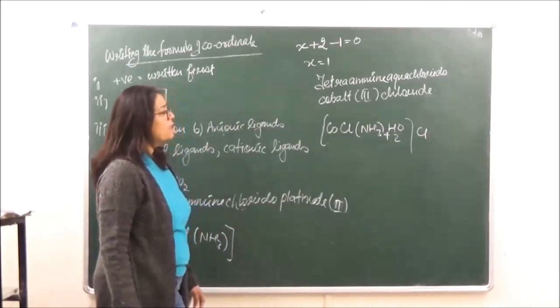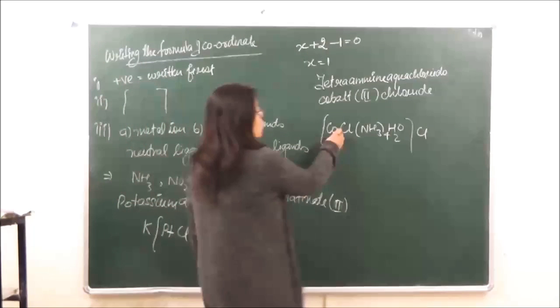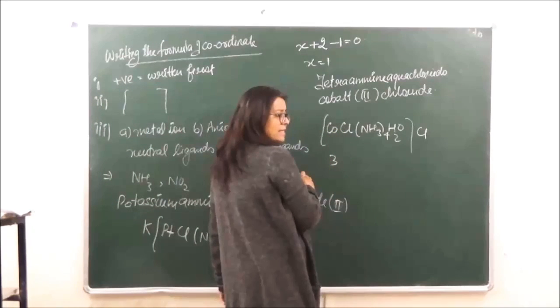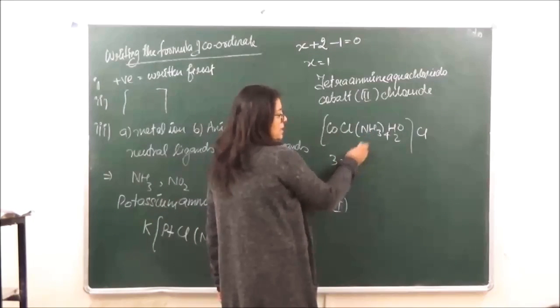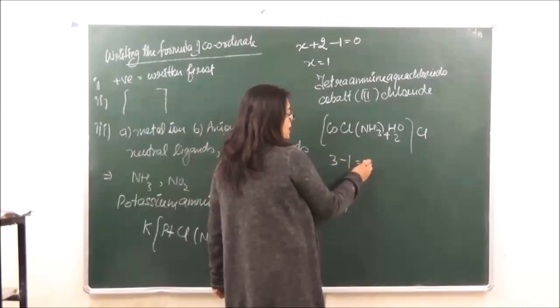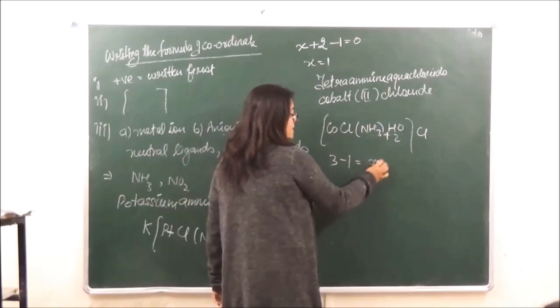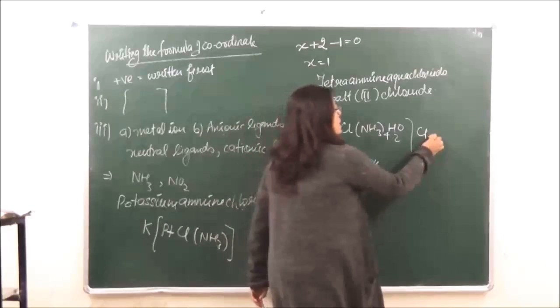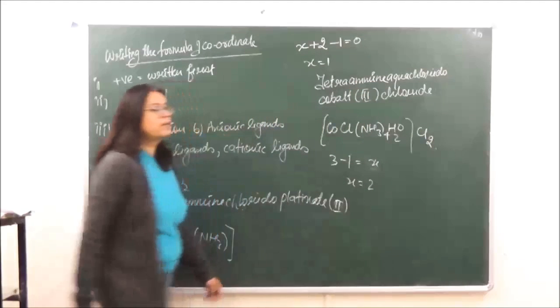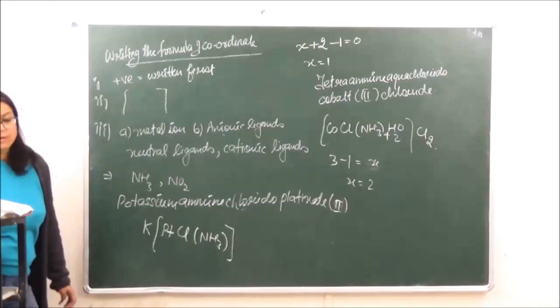Again we'll find out how many counter ions are present. The oxidation state of this is given as 3, minus 1. This is neutral, this is also neutral, that is equal to X. So what is X over here? 2. So the counter ion present is going to be equal to 2. ठीक है?